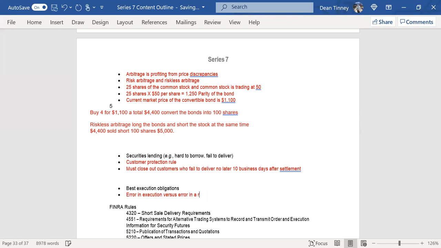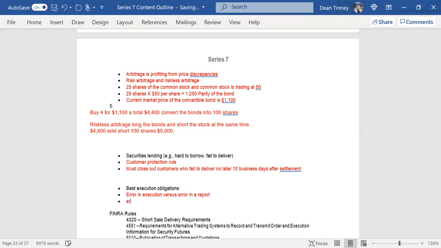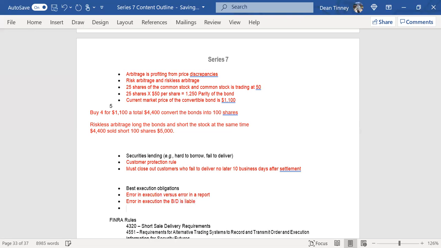I'll give you an example in just a little bit, but if it's an error in execution, the broker-dealer is liable. In other words, you told me to buy the stock at 15, and I accidentally, on a limit order, bought it at 15.05.